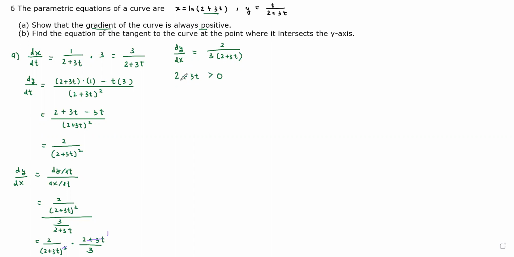So the curve must be defined for 2 + 3t greater than 0.